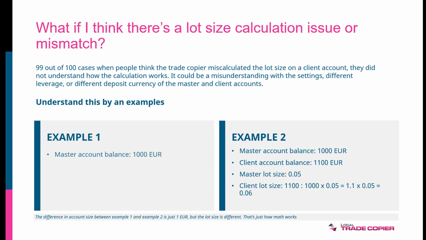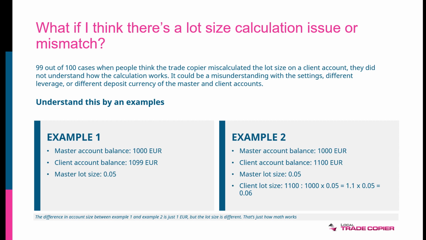What if I think there's a lot size calculation issue or mismatch? Well, I can say that in 99 out of 100 cases when people think the trade copier miscalculated the lot size on the client account, they did not understand how the calculation works. It could be a misunderstanding with the settings, different leverage between master and client account, or different deposit currency on the master and client accounts.